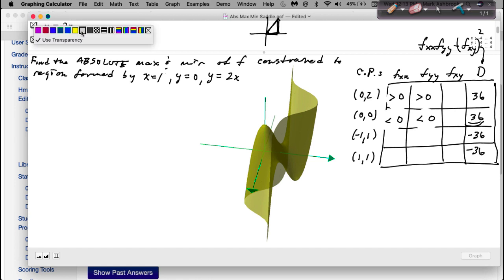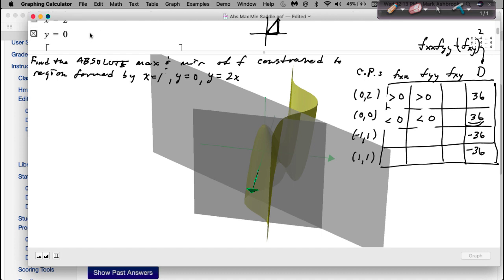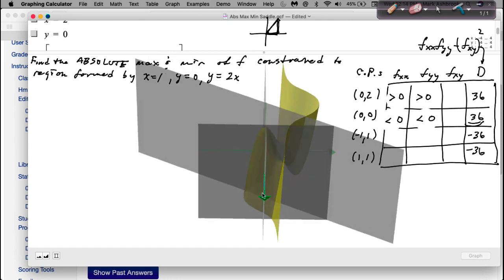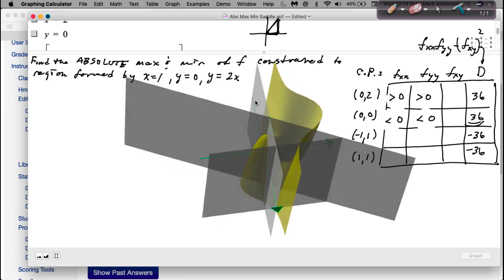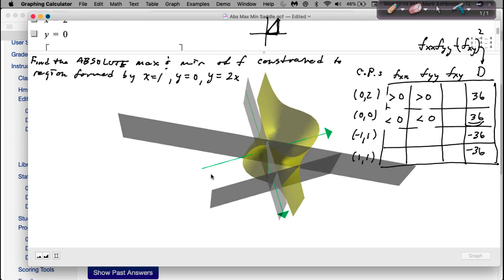So this would be this plane. Okay, x equals 2 instead of x equals 1. And then y equals 0. So I'm going to get these planes. And so now I'm going to take that and I'm going to look right down into this thing.